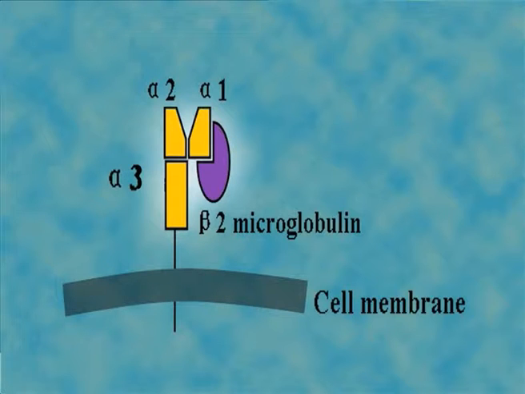The alpha 3 subunit is transmembrane, anchoring the MHC class 1 molecule to the cell membrane. The peptide being presented is held by the floor of the peptide binding groove in the central region of the alpha 1 alpha 2 heterodimer, a molecule composed of 2 non-identical subunits.